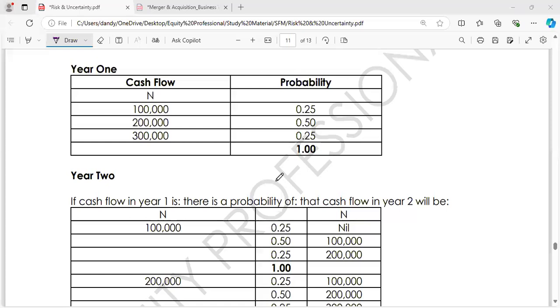Under the expected value method, you just multiply cash flow with the probability. Under the standard deviation, you are going to compute variance for you to be able to get your standard deviation. Then, under sensitivity analysis, you know what to do. You know the way the question will be set.